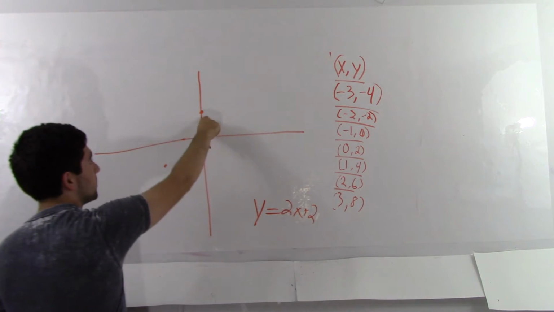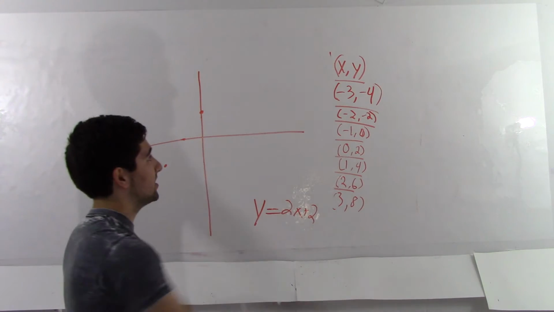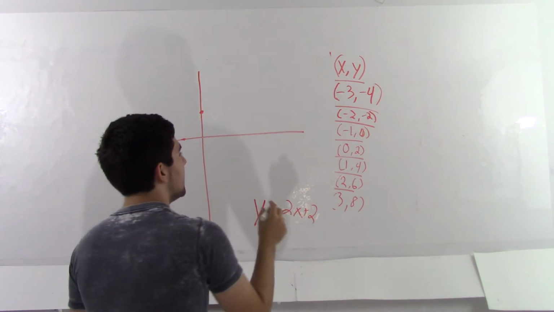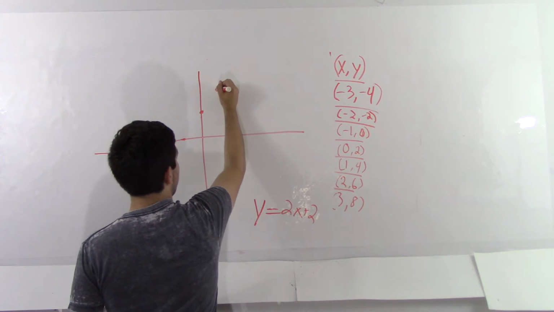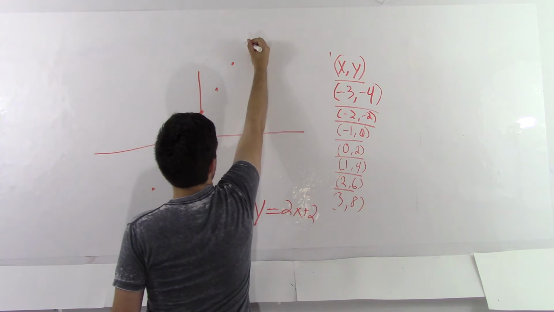So our line is crossing the y-axis at 2, so it works because b equals 2. Then we have 1, 4, 2, 6, 3, 8.